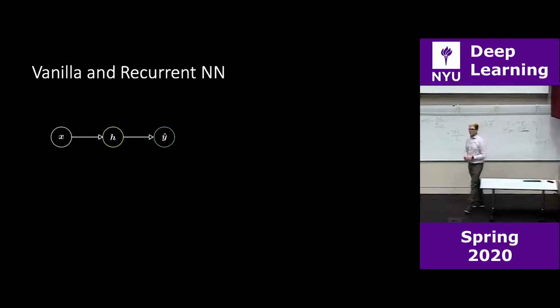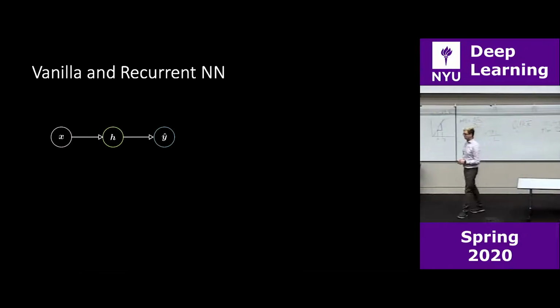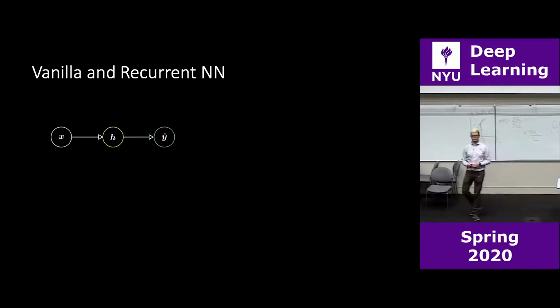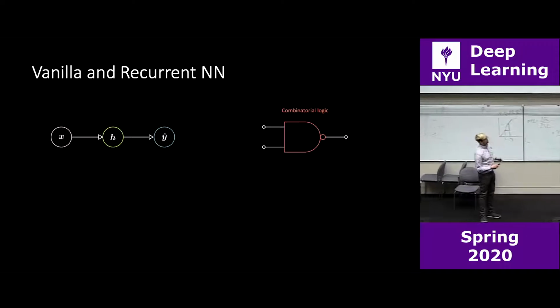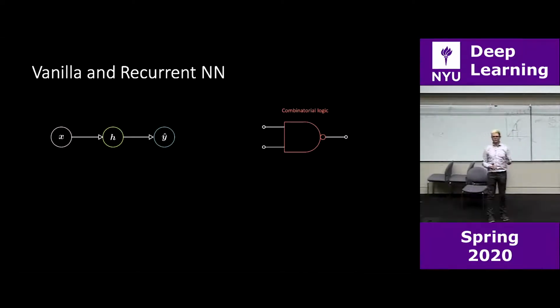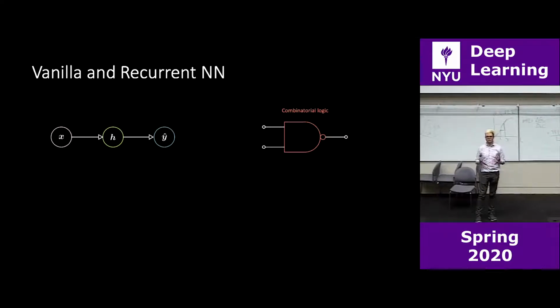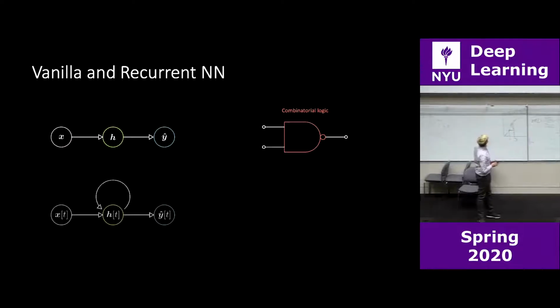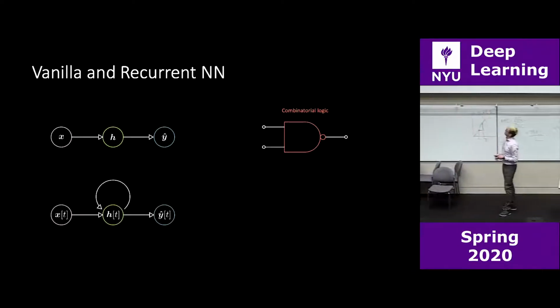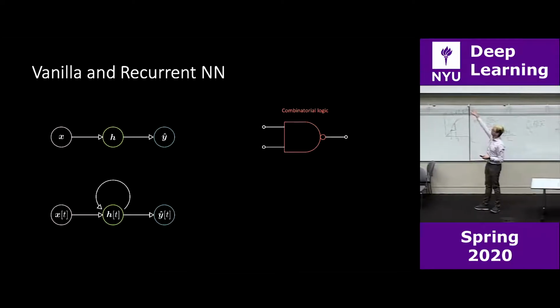If some of you are familiar with digital electronics, this is like talking about combinatorial logic. Your current output depends only on the current input, and that's it. There is no other input. Instead, when we are talking about RNNs, we are talking about something that looks like this. Our output on the right-hand side depends on the current input and on the state of the system.